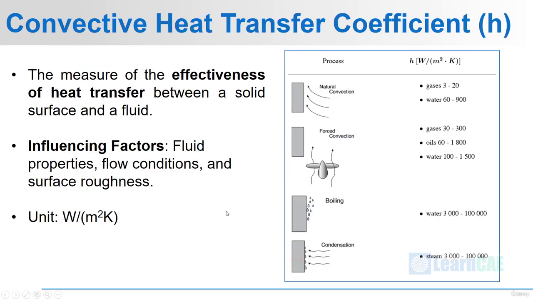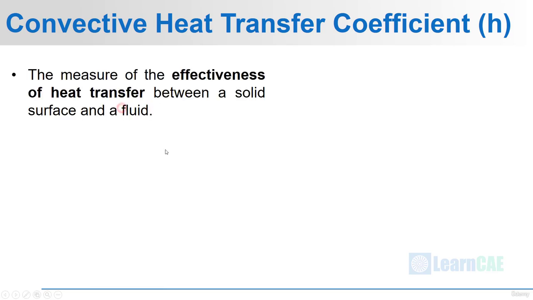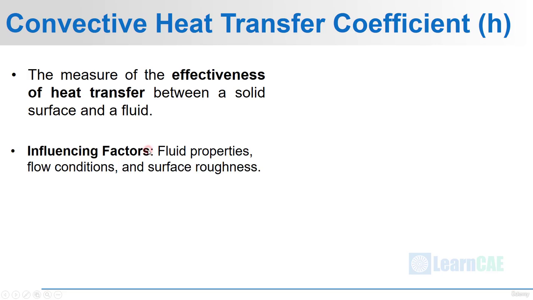Next we shall see about the convective heat transfer coefficient h. This is quite important. h, or the convective heat transfer coefficient, measures the effectiveness of heat transfer between a solid and fluid. It is the measure of effectiveness of heat transfer between a solid surface and a fluid surrounding it. The influencing factors are fluid properties, flow conditions and surface roughness.